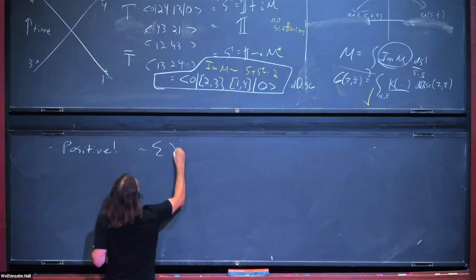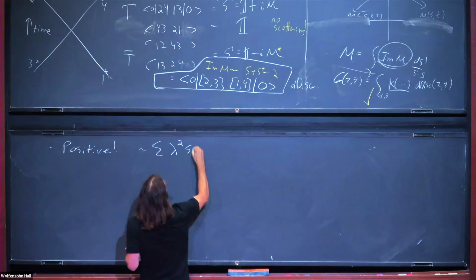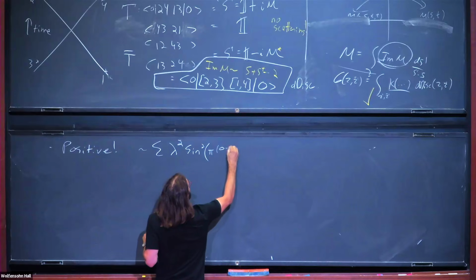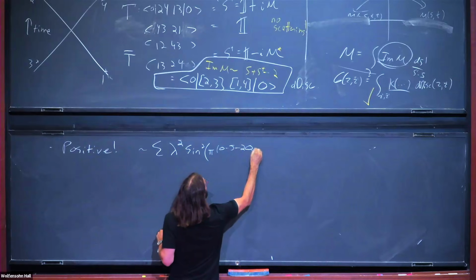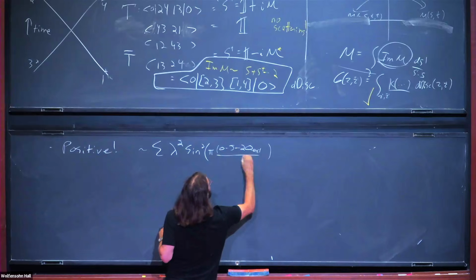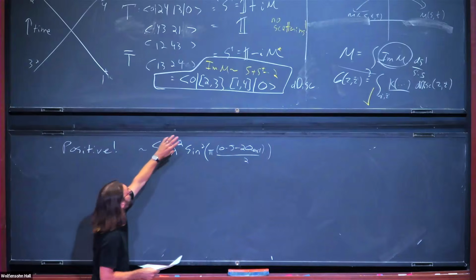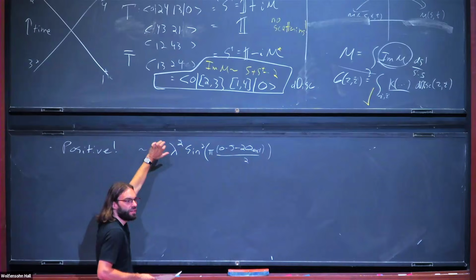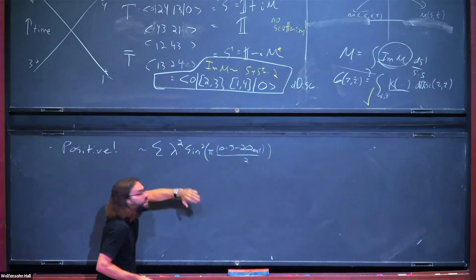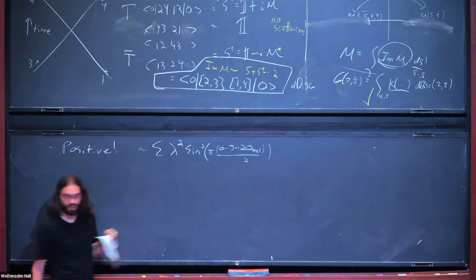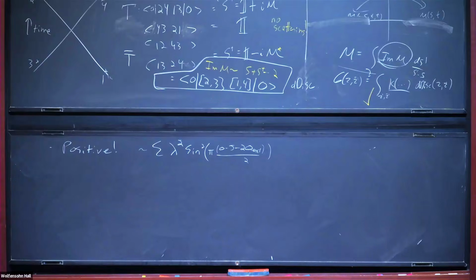It's proportional to a sum over OPE coefficients times some sine square of the anomalous dimension, Delta minus j minus 2 Delta external. So when you take this commutator in the OPE, each term picks up a phase, and then your commutator square gives you sine square of that phase. And importantly, sine square is positive. So it's a nice object.